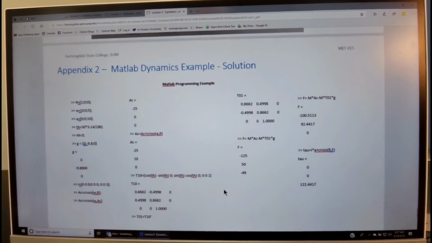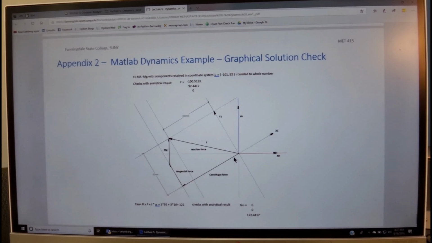And then when we draw the diagram, you see over here that this is the centrifugal force towards the center of rotation. This is the tangential force. This is minus the gravitational force.